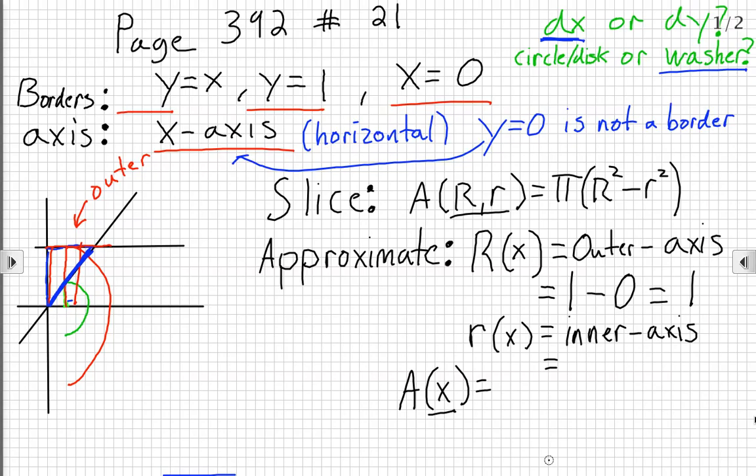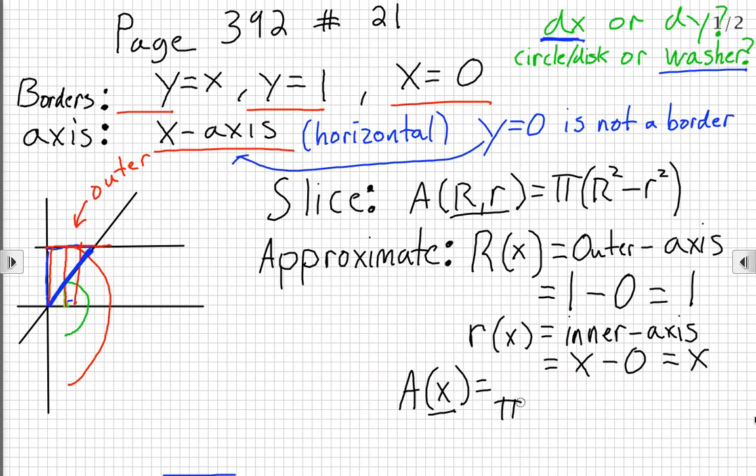So inner function, y equals x, so x. Axis, y equals 0, so 0. And then what we get is just the function x dictates the size of our inner radius at every value of x. We can now rewrite our area function.